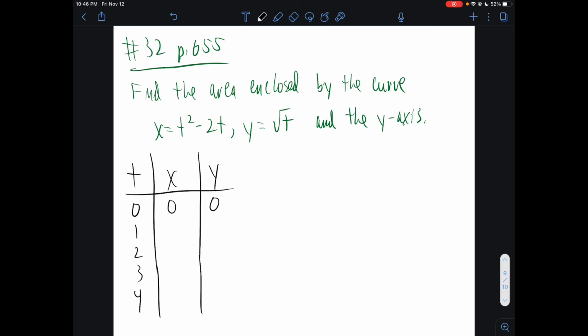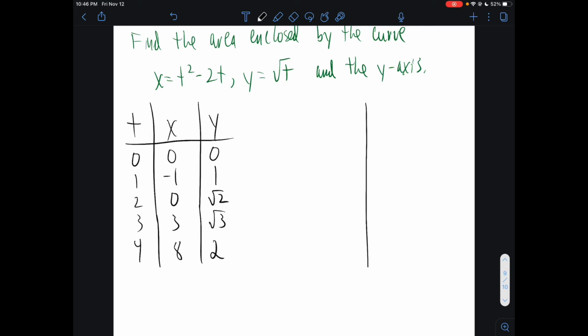When t is 1, x is 1 minus 2, which is negative 1, and y is the square root of 1, which is 1. When t is 2, we get 2 squared, which is 4, minus 2 times 2, so 4 minus 4 is 0. And then y is the square root of 2. When t is equal to 3, x is equal to 9 minus 6, which is 3. y is equal to the square root of 3. And when t is equal to 4, x is equal to 16 minus 8, which is 8. And y is equal to the square root of 4, which is 2.